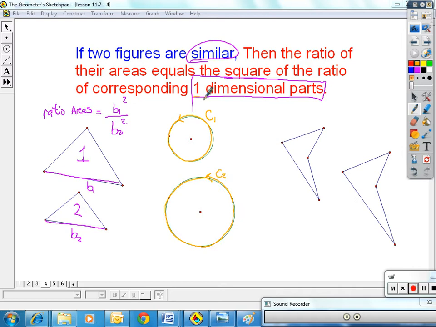Are those one-dimensional parts? Yes. So the ratio of similarity is going to be C1 over C2, but the ratio of areas is going to be C1 squared over C2 squared.